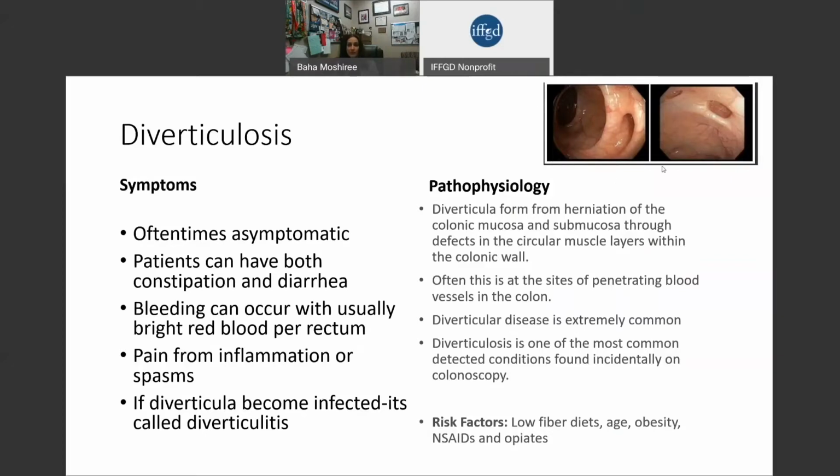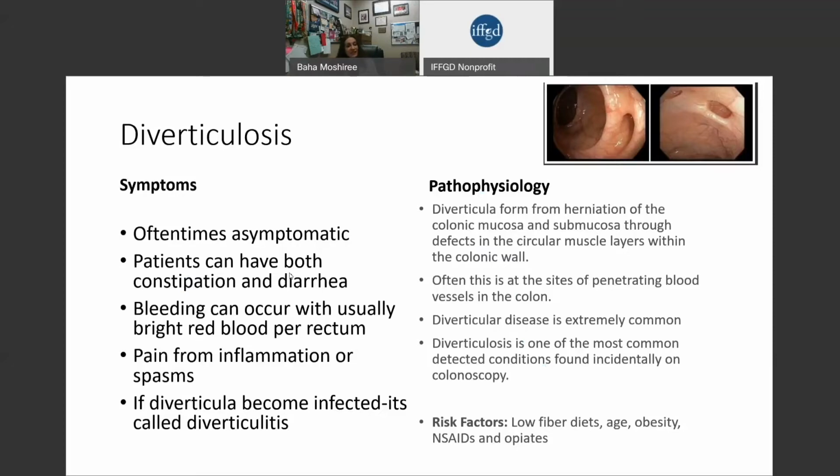What we think causes this is herniation of the colon mucosa and what's beyond the colon mucosa, which is called the submucosa, and defects in a muscle layer in the colon wall. This occurs at sites that are penetrating blood vessels in the colon. Again, it's extremely common, and it's usually found just incidentally when we're scoping a patient, and scoping a patient means doing a colonoscopy.